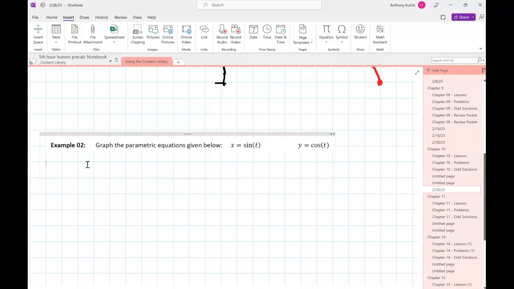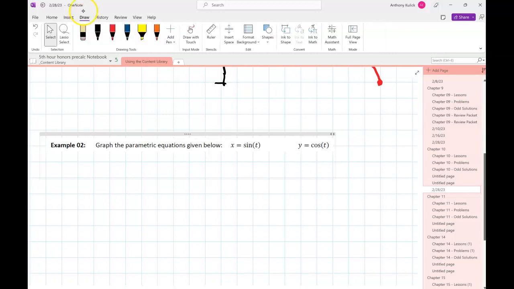What am I missing, though? The interval of which we're going to graph this, right? What would be a sensible interval for this?